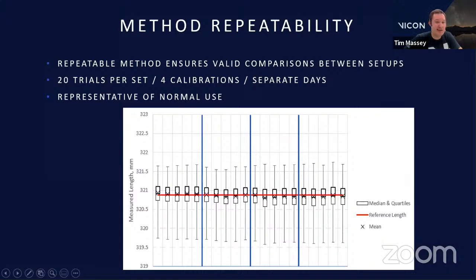As you can see here, the red line is the actual reference value. Generally, it doesn't change very much. You can see the scale here, this is in half millimeter graduations. And the mean value across each of the trials was within 0.1 millimeter of the reference value, even for the outlier trials, which is probably this one here.